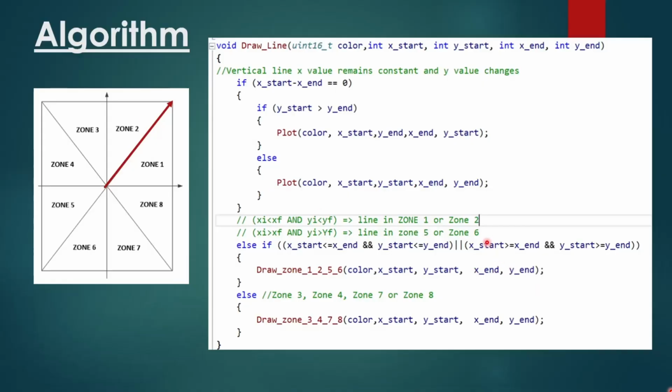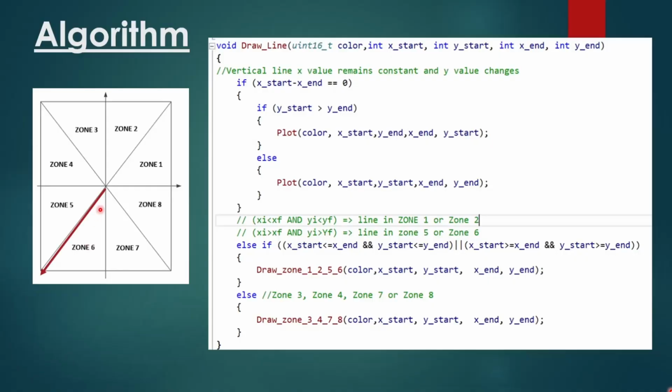Now the next question we can ask is, is the x start greater than the xn? That would be true because the x start is greater than the xn. And then we ask if the y start is greater than the yn.